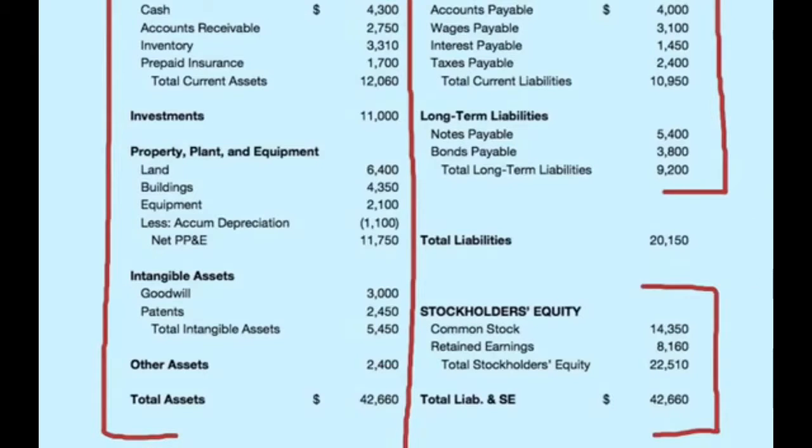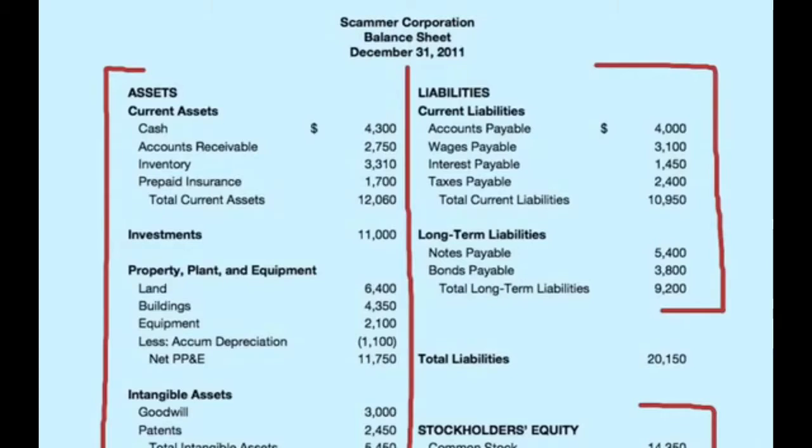Really, the right side of the balance sheet here is basically explaining how the assets were paid for. So the liabilities account for a certain portion of the assets, and the stockholders' equity does the same thing.